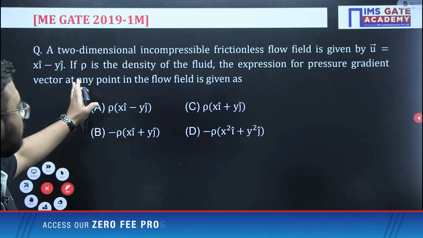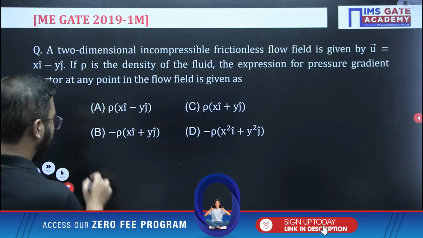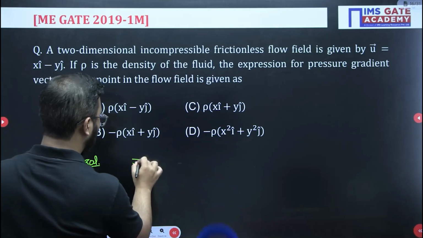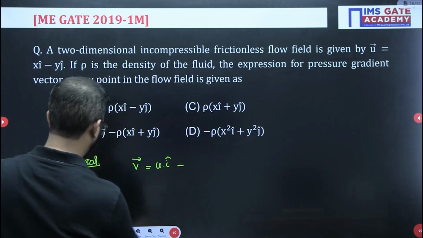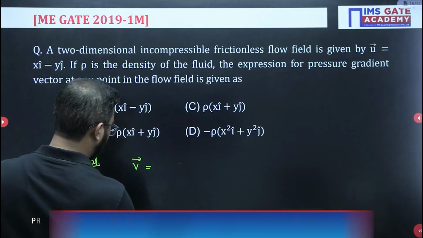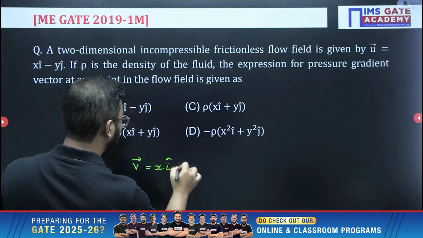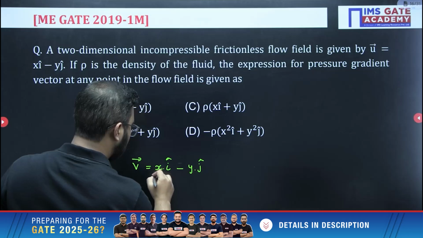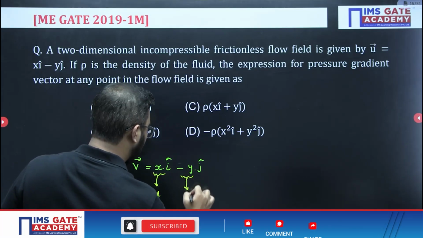They have mentioned a two-dimensional incompressible frictionless flow field, and the velocity vector is given. First of all, see the velocity vector: x i cap, where x is the value of u, minus y j cap, where minus y is the value of v.